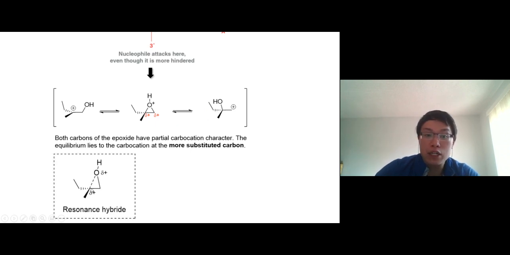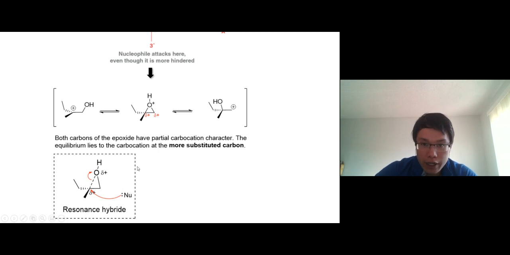The more substituted carbon is more positive because it stabilizes the positive charge better than the other side. Just like carbocations, a tertiary carbocation is more stable than a primary, right? The more substituted carbon can stabilize the partial charge better than the less substituted carbon. That's the reason why the carbon right here becomes more positive, and the CO bond on the more substituted carbon is weaker than the other side. So the nucleophile comes in and attacks right there.